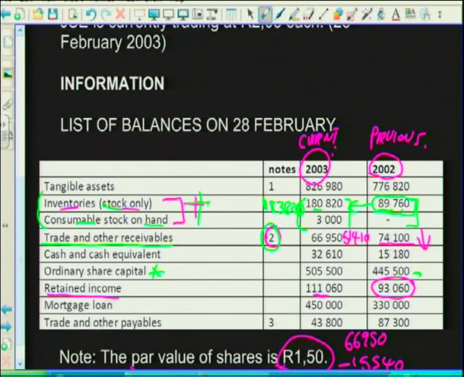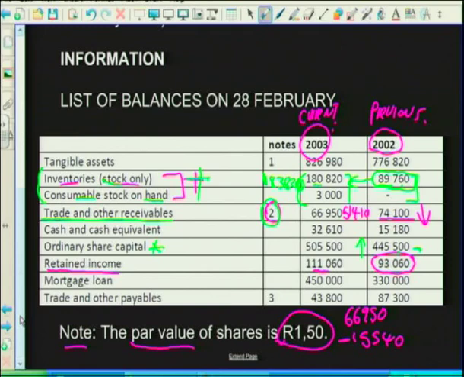In 2003, it has now increased to 505,500. So an increase obviously means that I've issued additional shares. Very quickly, always remember, check for share premium. Were your shares issued at a premium? If I scroll down, there's obviously no share premium, so it's only my ordinary share capital.